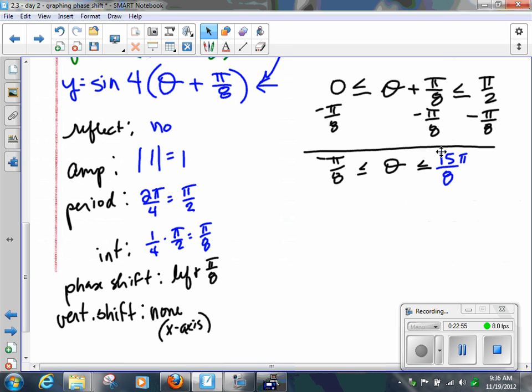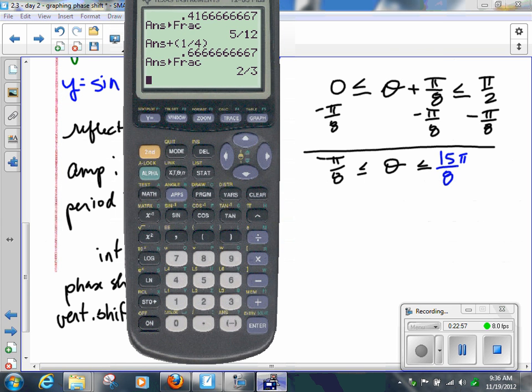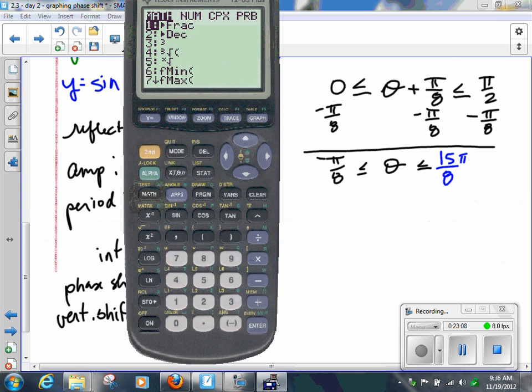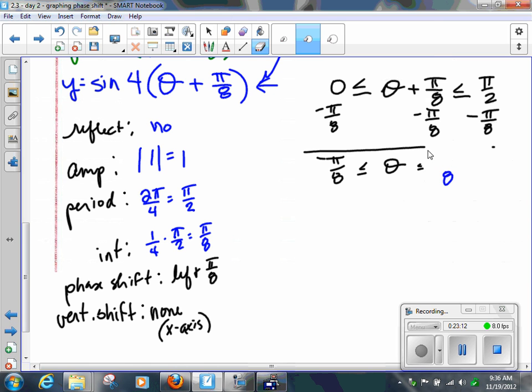I think that's it. 3/8. How many of you have all of your amplitude, period, phase shift, vertical shift? Good.